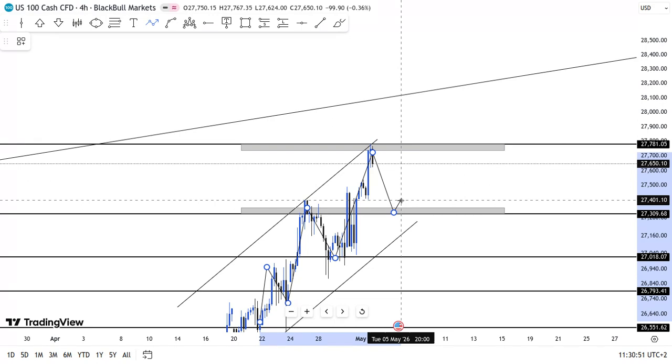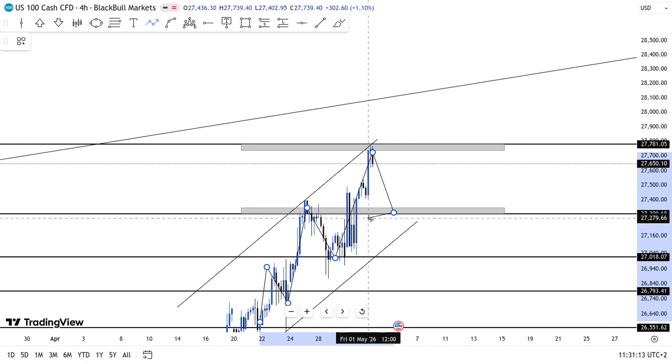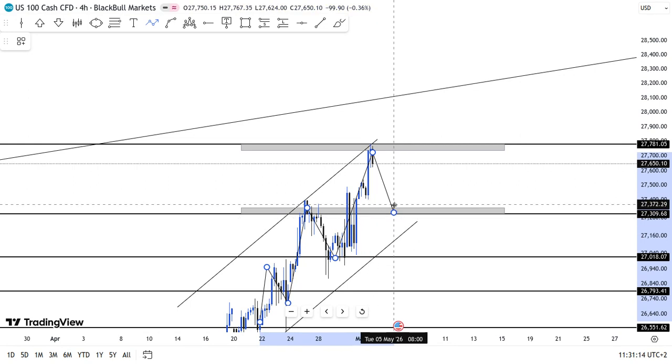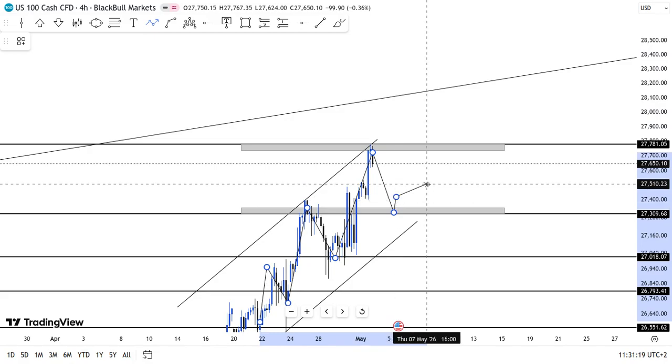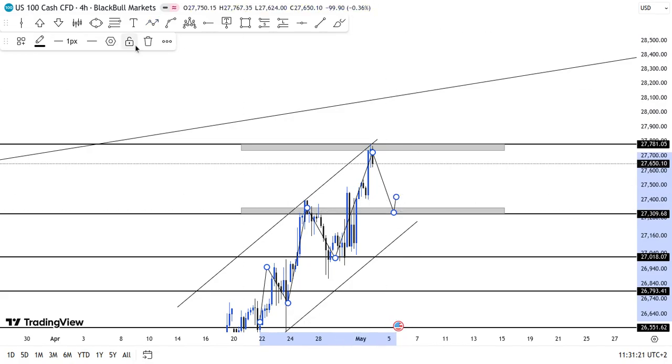Second confluence, structural wise, we came to retest the previous high, turning resistance into support. Then my third confluence can be candlestick confirmation. Wait for a bullish pattern, something to do with your bullish candlesticks, and then ride it. Take my entry right there, then go high with the price.